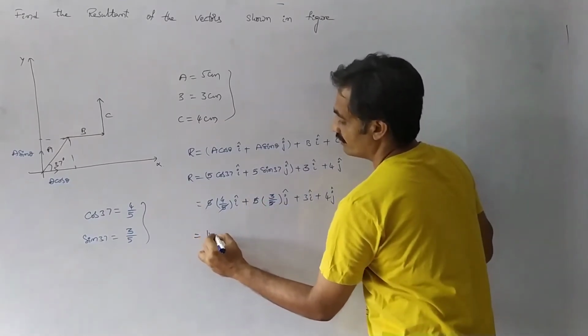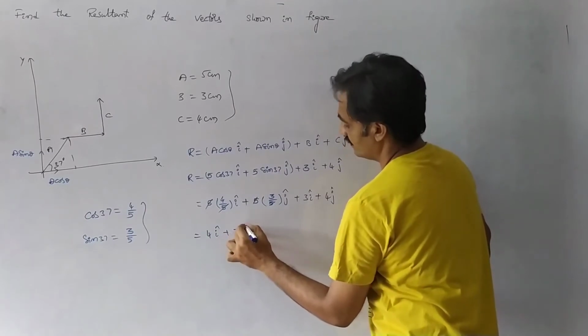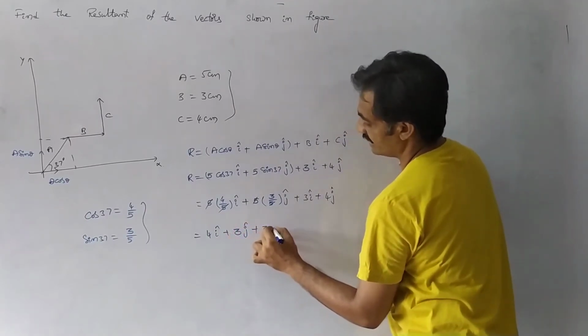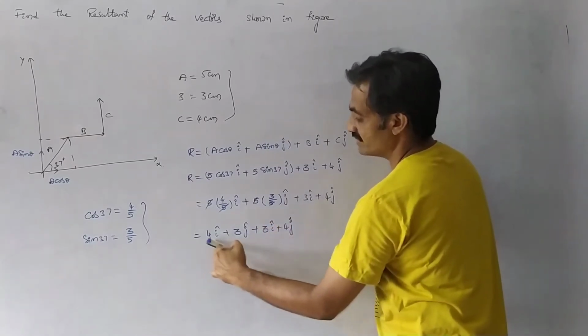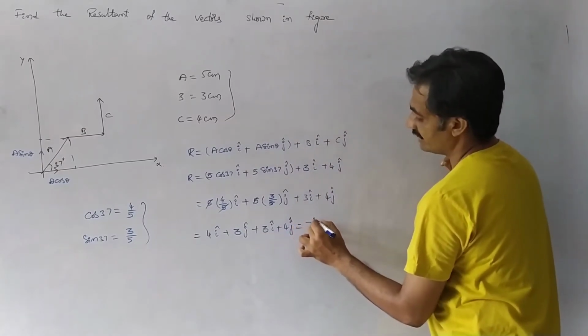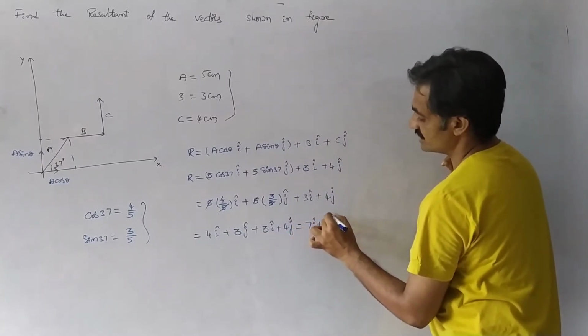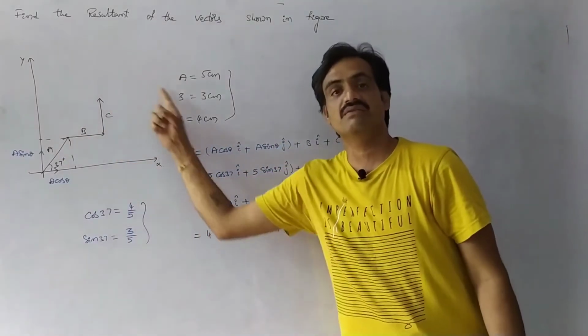So here we have 4 I cap plus 3 j cap plus 3 I cap plus 4 j cap. Observe that as we add the same type of unit vectors, we get 7 I cap plus 7 j cap. So this is the resultant vector for these three vectors.